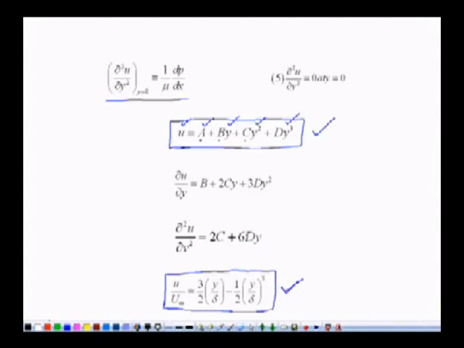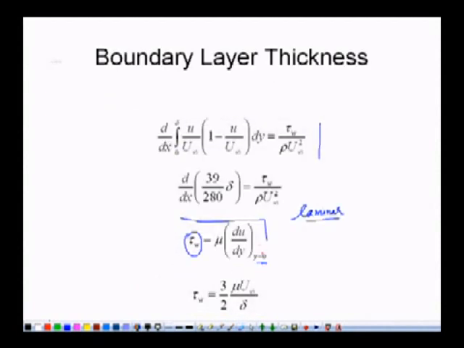We have the velocity profile. Differentiate it and put y equal to 0, and we get du over dy at y equal to 0. By solving that, we get tau w equal to 3 by 2 mu u infinity over delta. Now substitute this tau w in this equation.